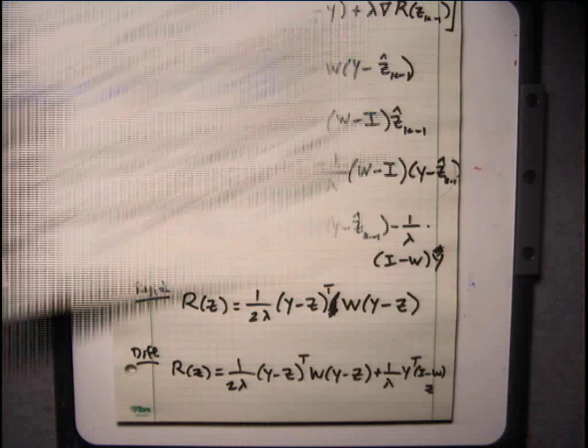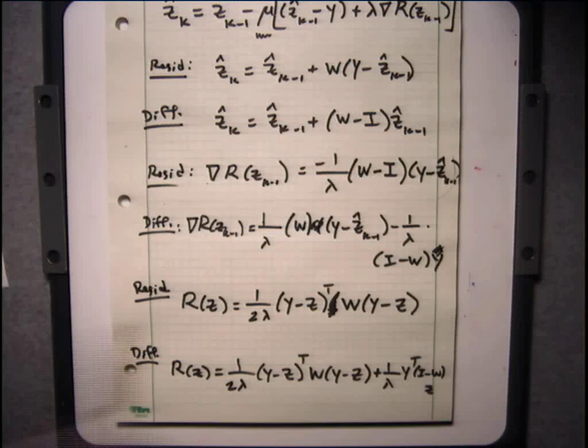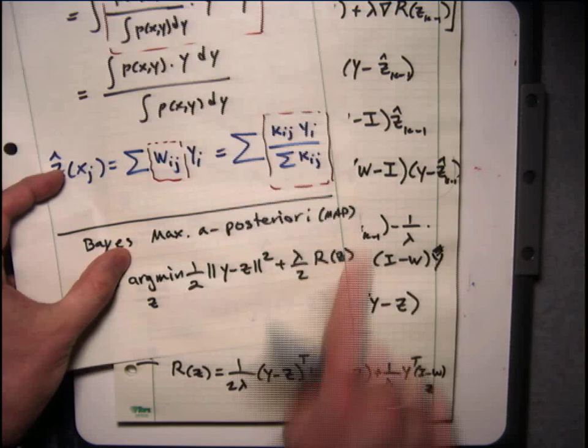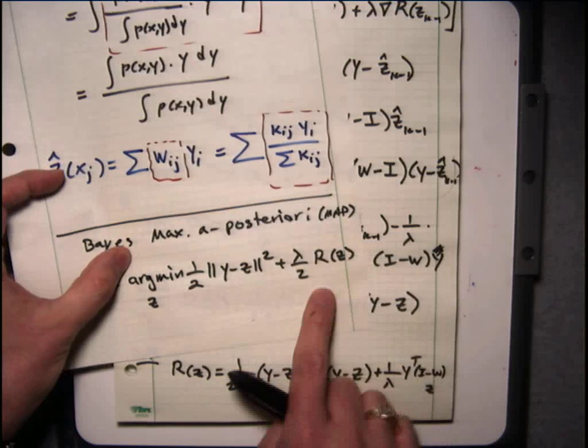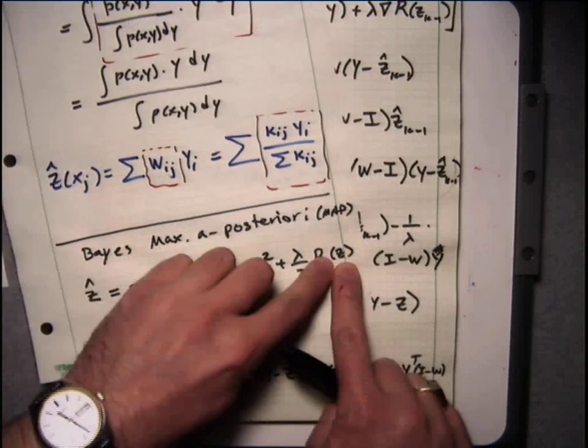Now, what's interesting is that this is a prior. That's what we're calling prior information, except that it's a kind of weird prior because it doesn't just depend on the signal.